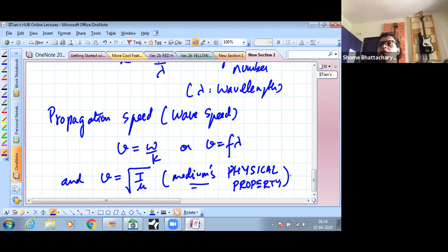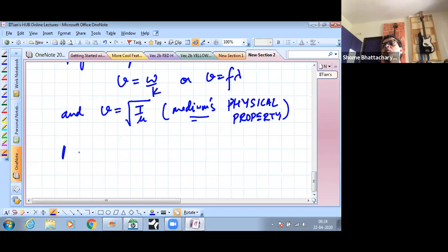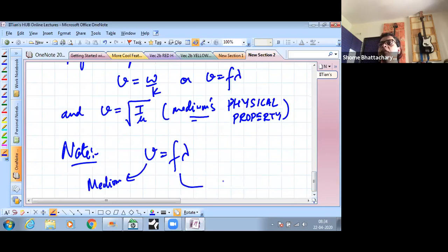Okay. So when we look at this equation here, v is equal to f lambda, we have to be very mindful of the fact that v is a property of the medium. This depends only on what the medium's physical conditions are. Frequency is only the property of the source. Frequency, on the other hand, is not affected by the medium.